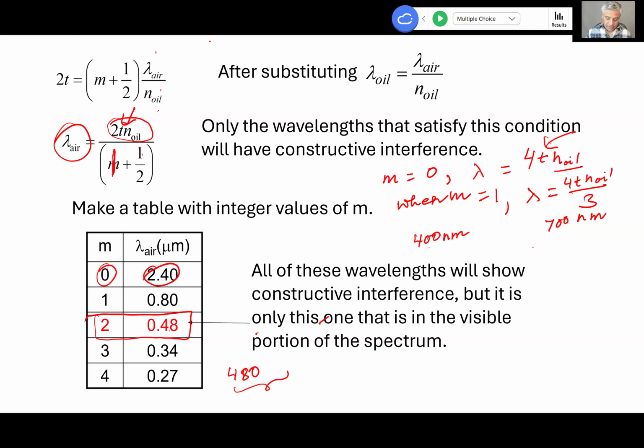These waves are not visible, although if they were going there and coming back, they would be constructively interfering, but our eyes cannot detect all of these, only this one can be detected.